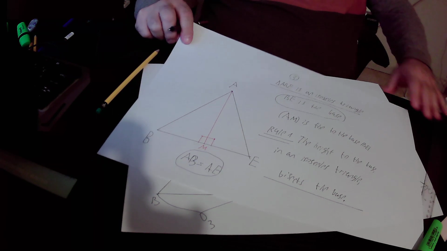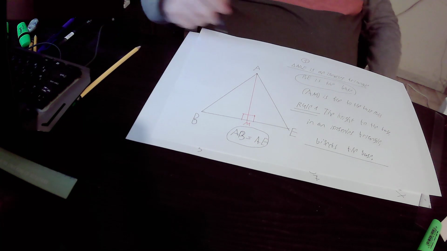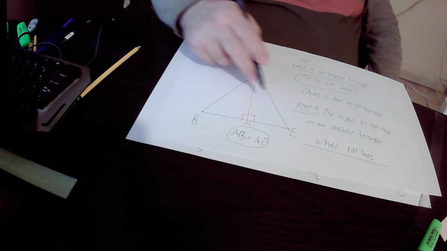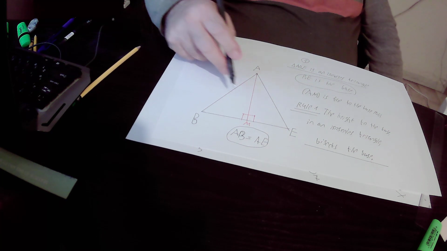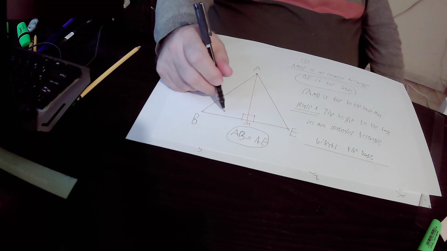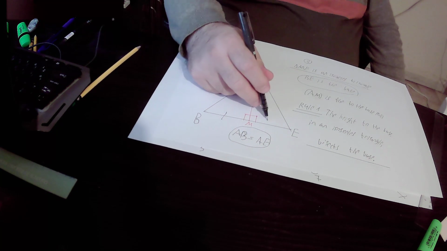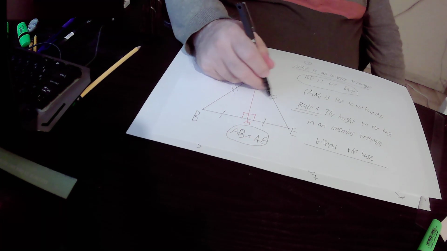So according to rule number 1, the height AM to the base BE in the isosceles triangle ABE bisects the base. That is to say, BM will be equal to ME, and we also know that AB equals AE.